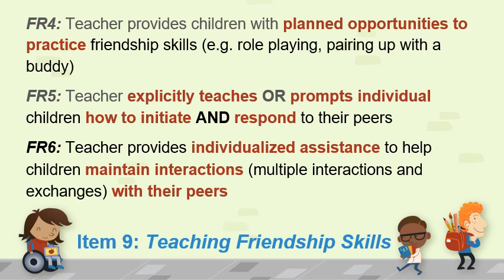For example, you may say, if you want to play, you can tap your friend's shoulder. Or, he is giving you a car, so he wants you to play cars with him.